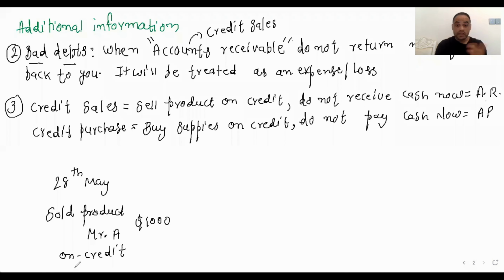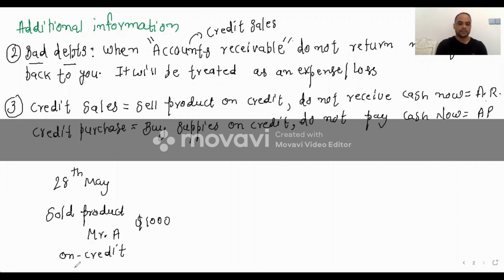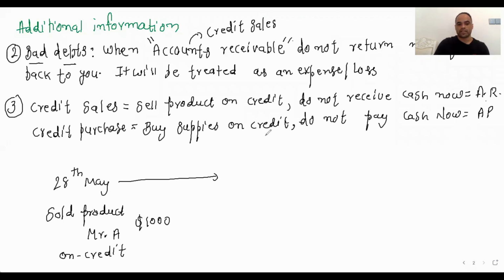If I say Mr. A did not return money back to us on time, yes, then Mr. A is bad debts. But today you sold product to Mr. A, and Mr. A said he will give us money back, let's say next week, for example, maybe 5th of June.